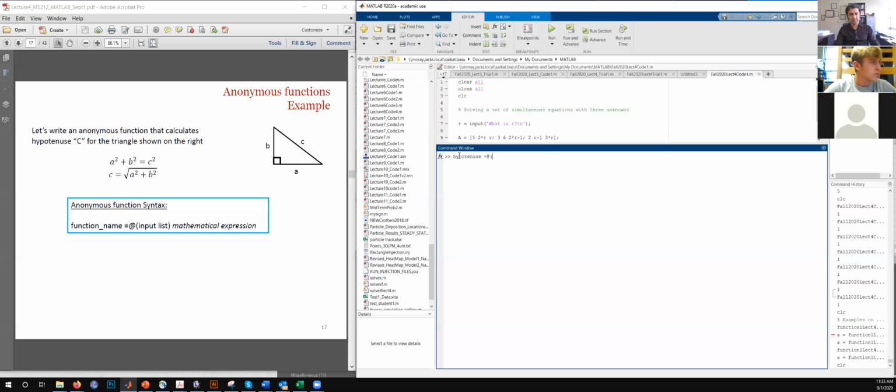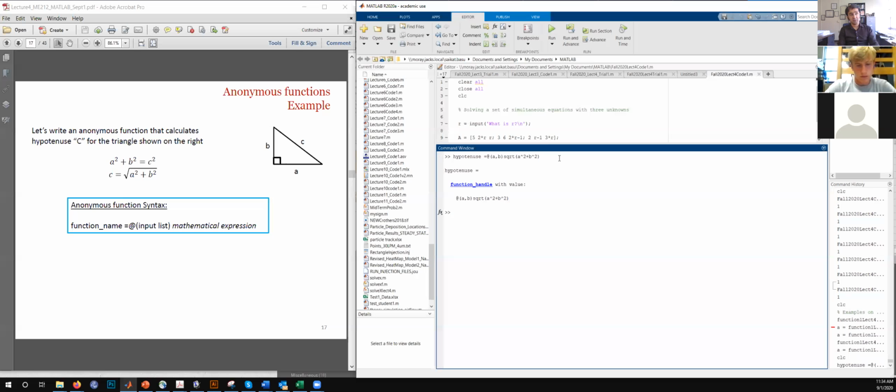Someone? a and b. a and b are the inputs because you are trying to calculate the hypotenuse, which is c. So a and b are the inputs. And then the mathematical expression is square root of a squared plus b squared. So this is the function handle, the hypotenuse.